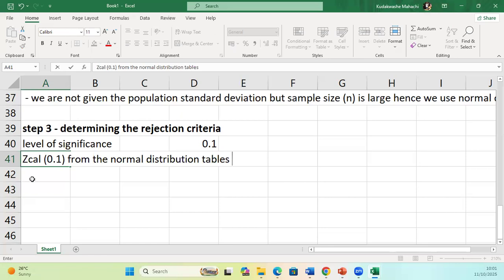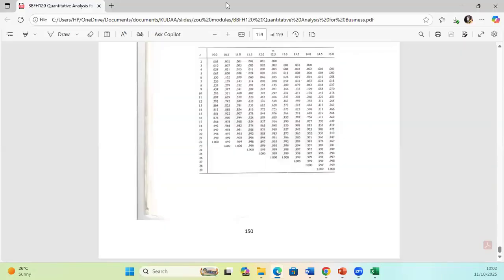So let's go to the normal distribution tables.